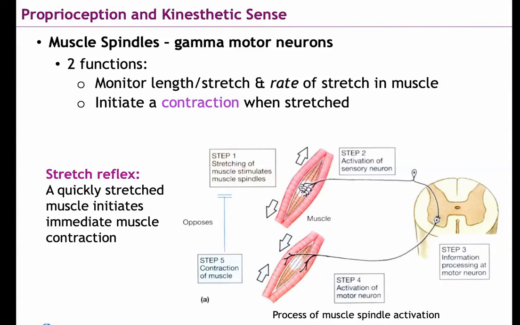We said that titin also contributes to this. Titin and muscle spindles contribute to the stretch reflex, where titin contributes to passive stiffness in the muscle and limits range of motion. So that's what the stretch reflex is. It just prevents overstretching of the muscle.